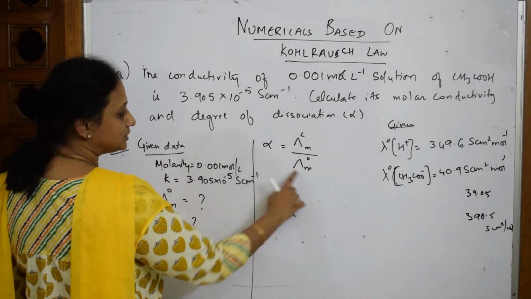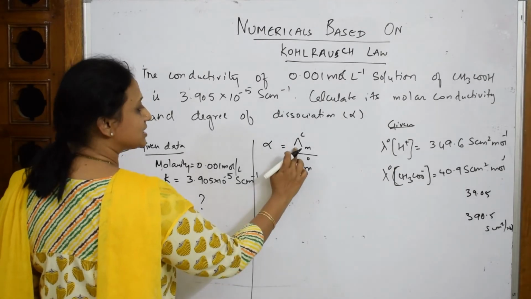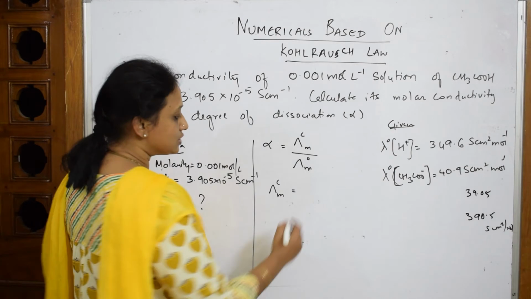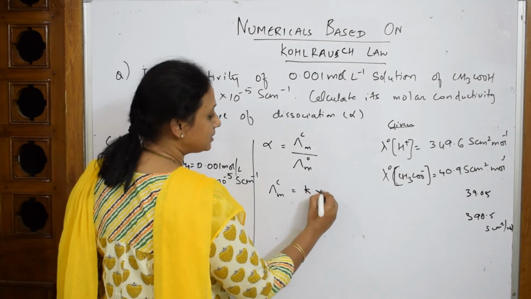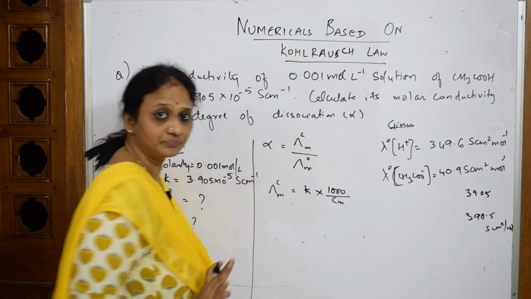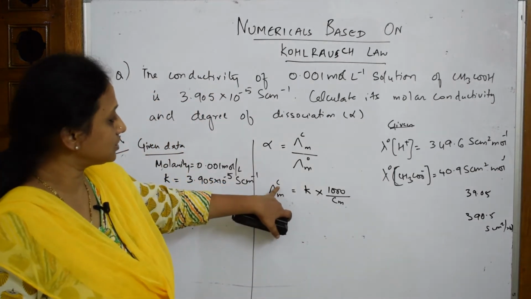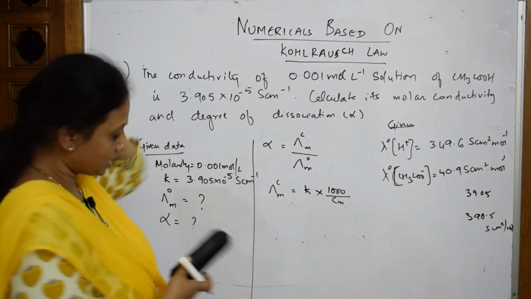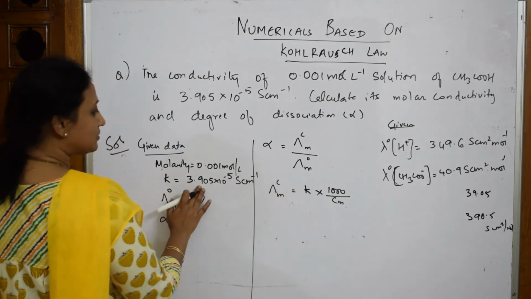What is the formula for this? The molar conductivity at a certain dilution is equal to conductivity kappa into 1000 by C m, that is molarity. If it is the other one, then we write it as normality, that is equivalent. Now what is the conductivity value given to us?